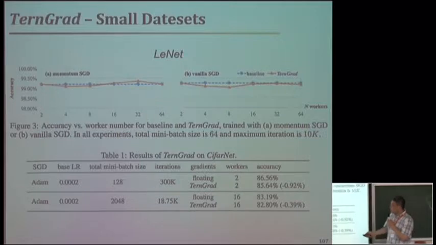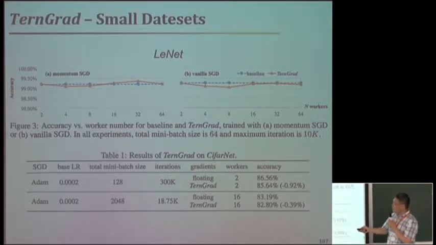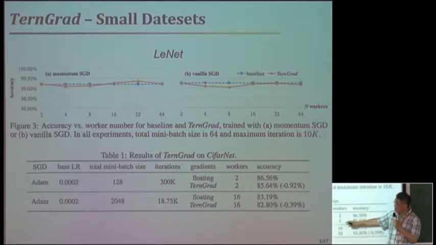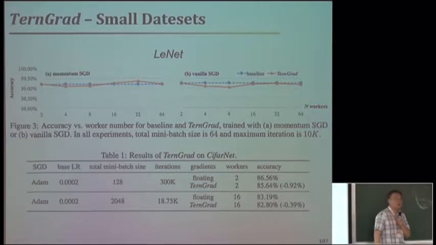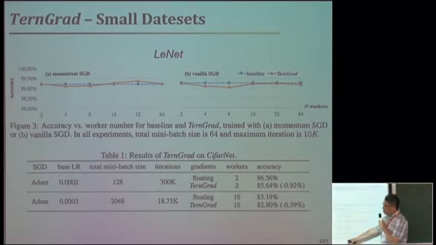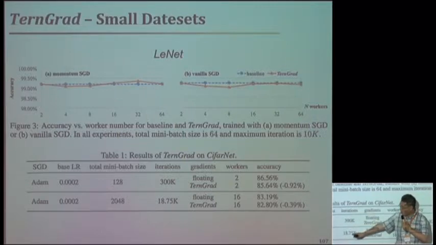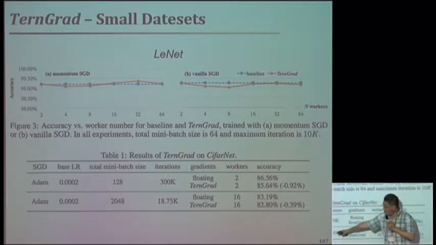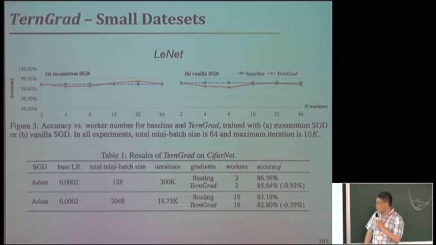So it somehow implies that if we increase the number of batches, but still keep the same batch size on each worker, we may converge faster, but with lower accuracy. So why? We don't know yet. It's maybe because we can converge to a local minimum, even with a much lower number of iterations. If we increase the iterations, we may be able to improve the accuracy. I don't know, but we're going to see.